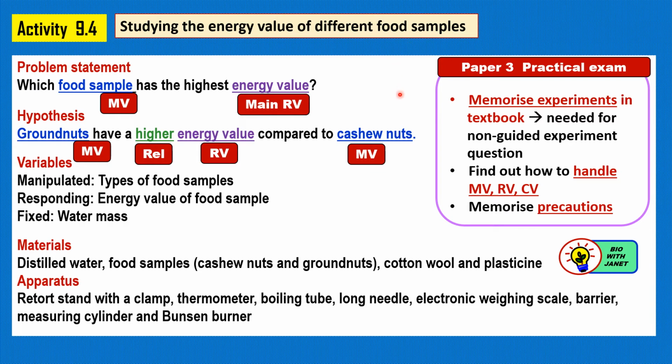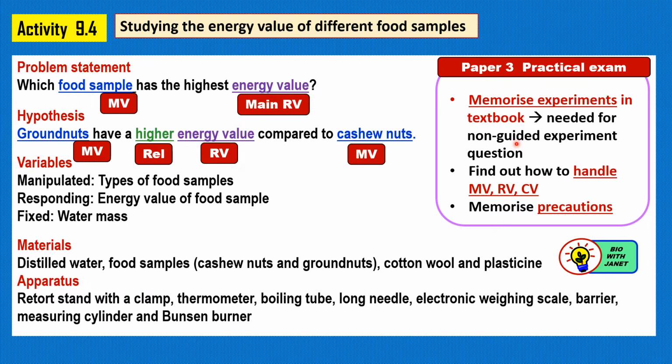So you need to memorize this experiment, especially the procedure too, and the variables and materials and so forth, including precautions, because sometimes the experiment given in the exam may be non-guided, meaning there's no procedure given. You're just given the apparatus and then you have to figure out yourself how to do the experiment.